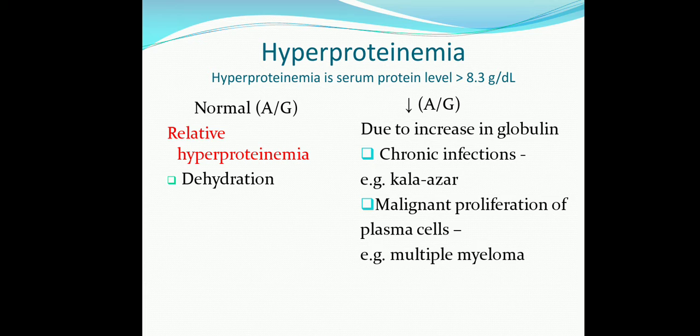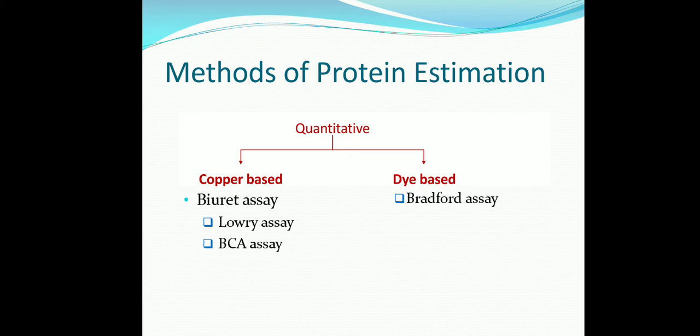Now we go to the methods of protein estimation. In quantitative methods, the most popular methods by which proteins are estimated are of two types, copper based and dye based. In copper based, the very common are Biuret assay and Lowry's assay, and the BCA assay is also included. In dye based, Bradford's assay is considered.